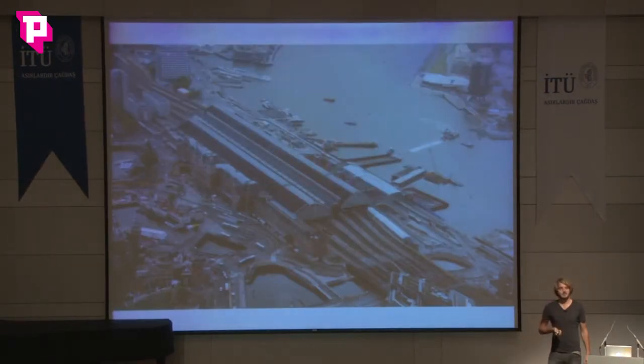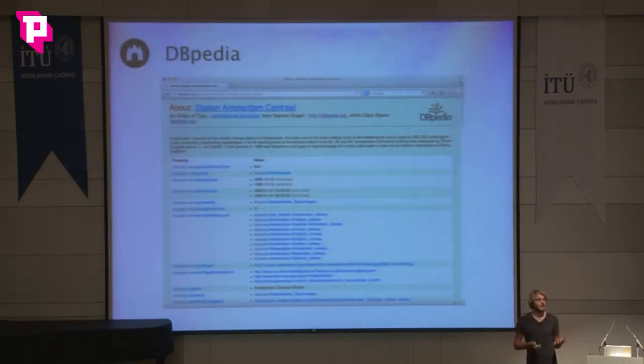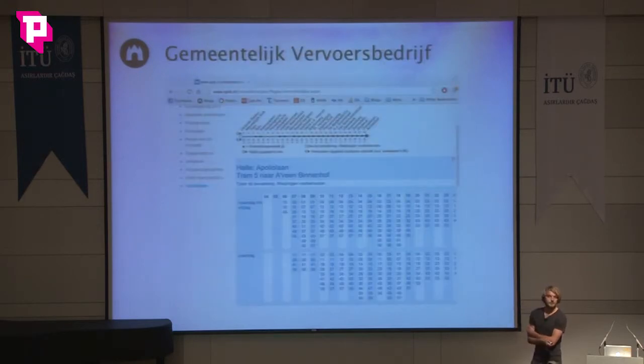Anyway, this is the central train station in Amsterdam. If you go look for data available about the train station, you might find DBpedia there with lots of information about the building, when it was constructed. You find the Dutch railway company with the actual departure times of the train station. We also have trams and buses.